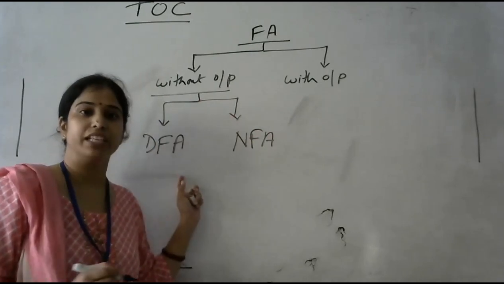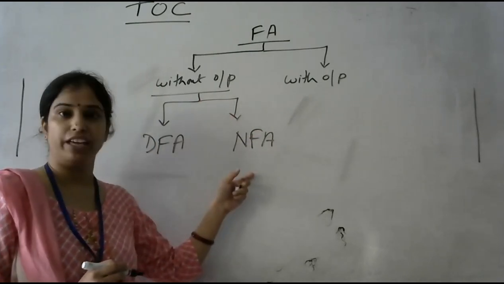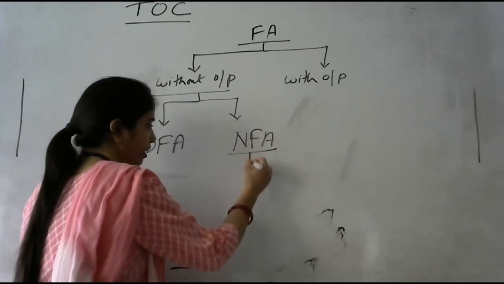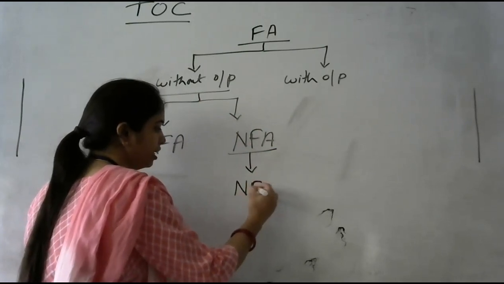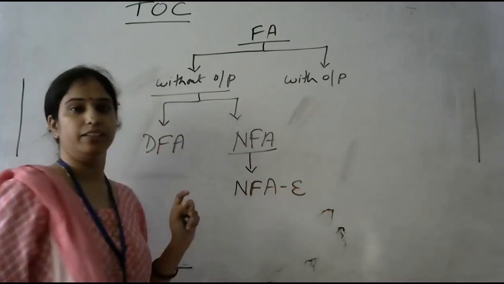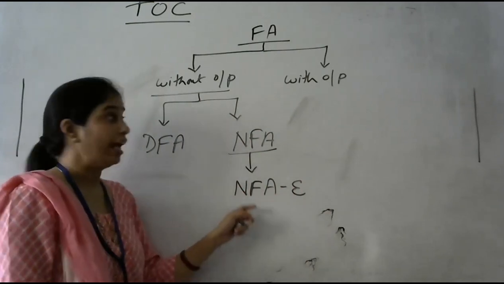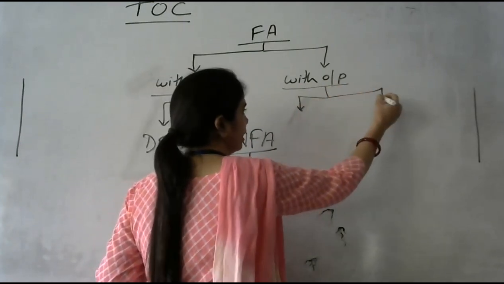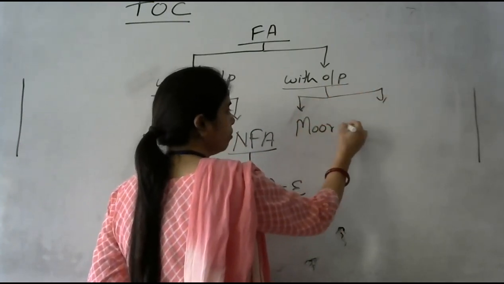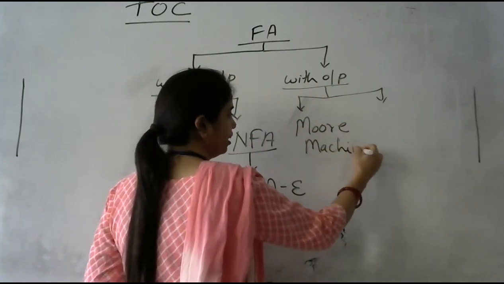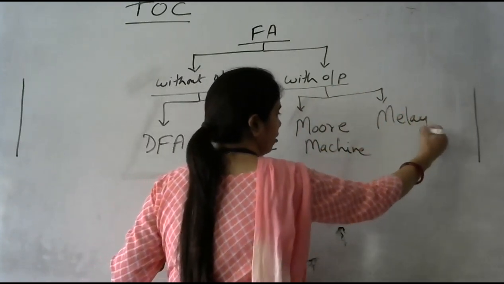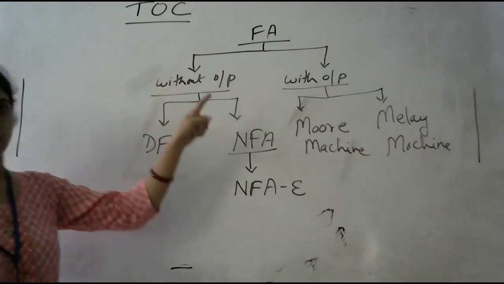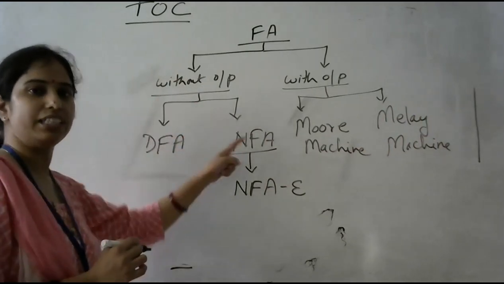DFA is deterministic finite automata and NFA is non-deterministic finite automata. In NFA, we also have to learn NFA with epsilon. With output, we have to learn two things: one is Moore machine and the other is Mealy machine. In finite automata, we have to learn these things in unit 1.